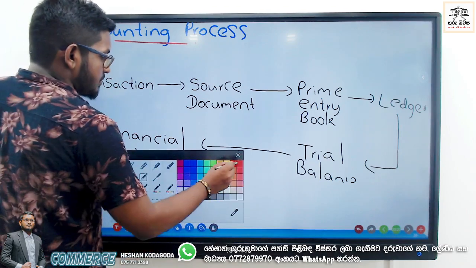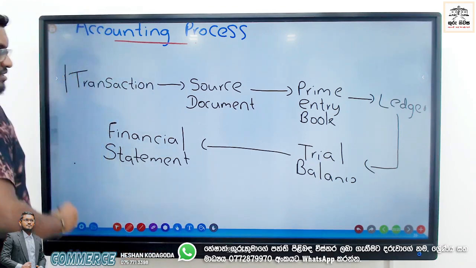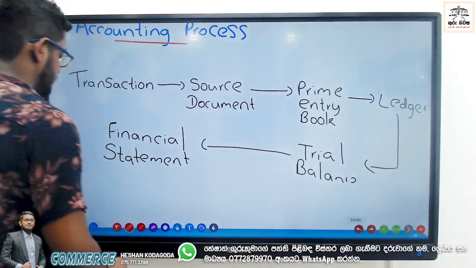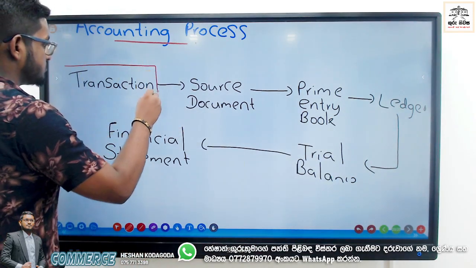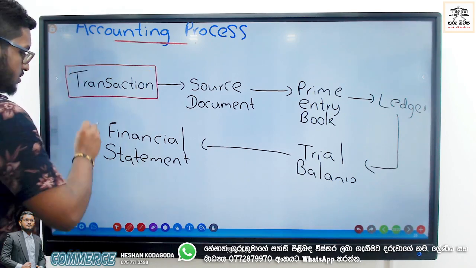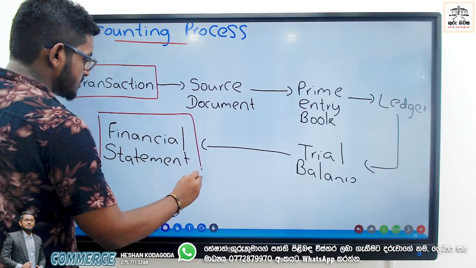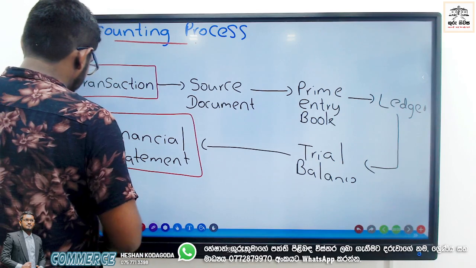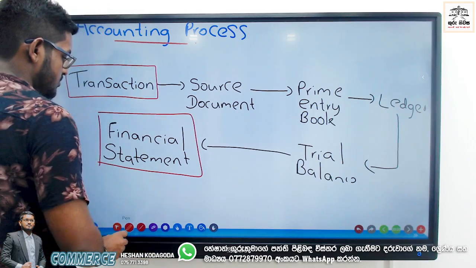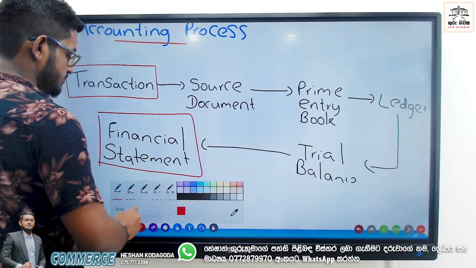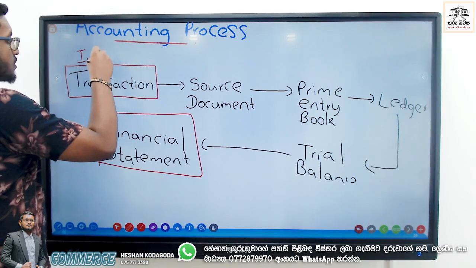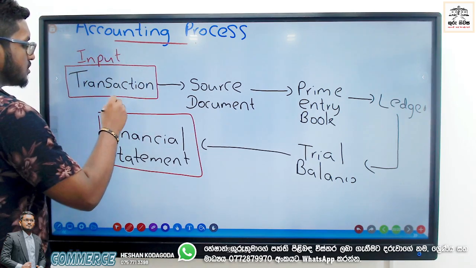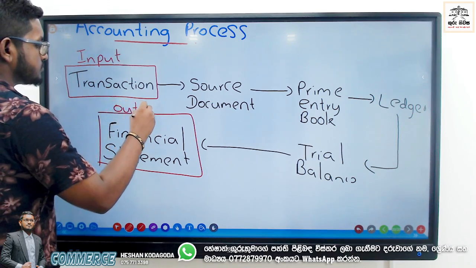When we discuss the transaction, this is the input, and the financial statement is the output. Can you remember it? So this is the input and this is the output.